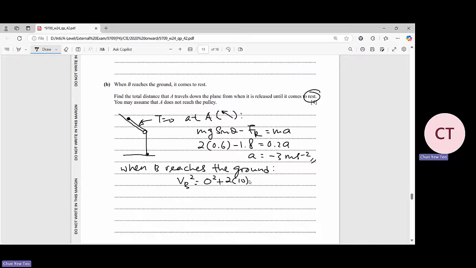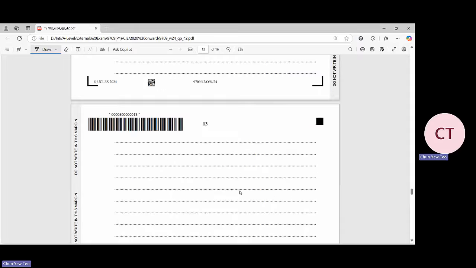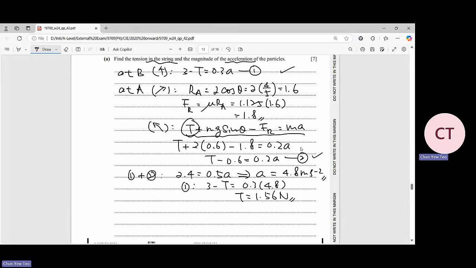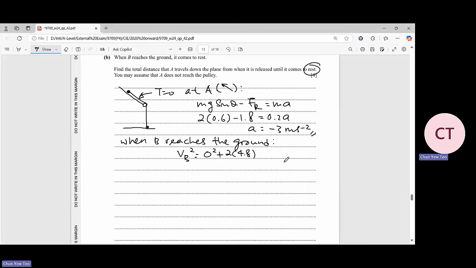The acceleration is not 10. Just now the acceleration was 4.8 in part A. So 2ah, the height is 0.25 meter above the ground. From here you can find vB is equal to the square root of 2.4 meter per second.